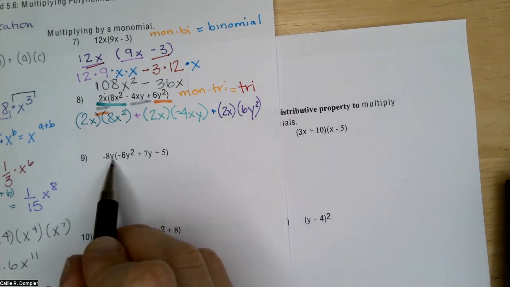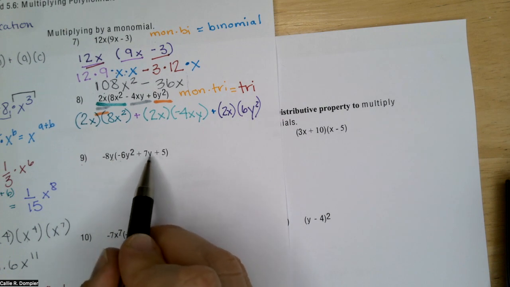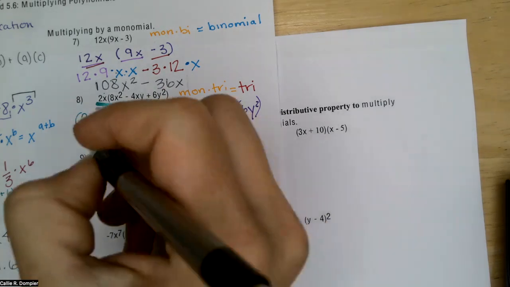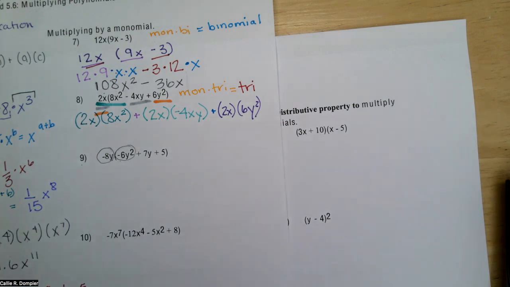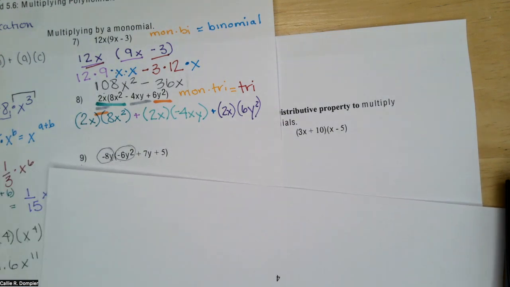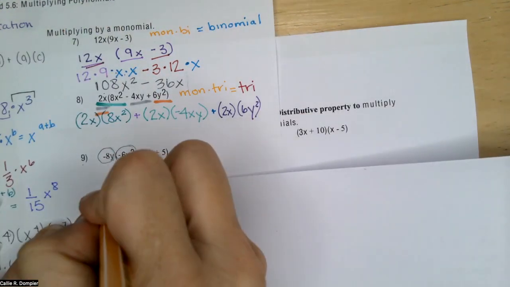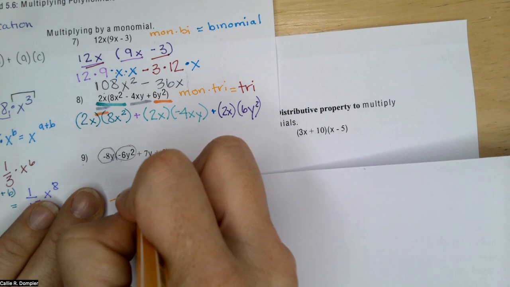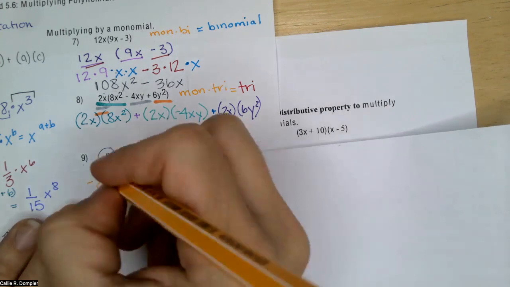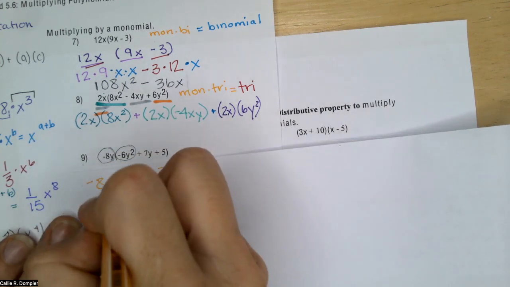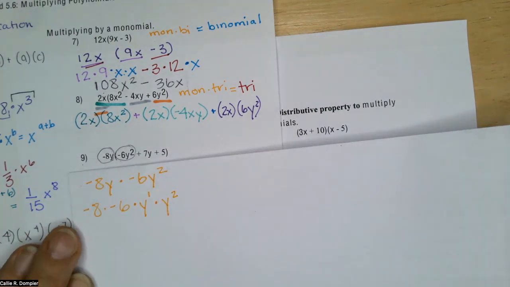9 is negative 8 times y multiplied by the quantity negative 6y squared plus 7y plus 5. Okay, so we're going to do the same thing. Negative 8y times negative 6y squared would be negative 8 times negative 6 times y to the first times y squared, right?